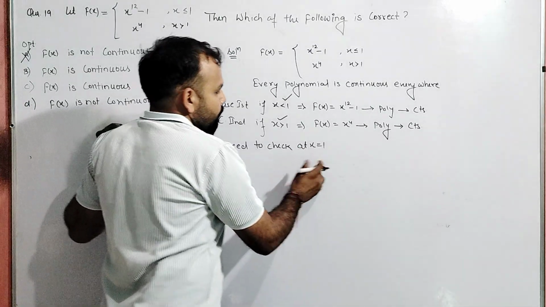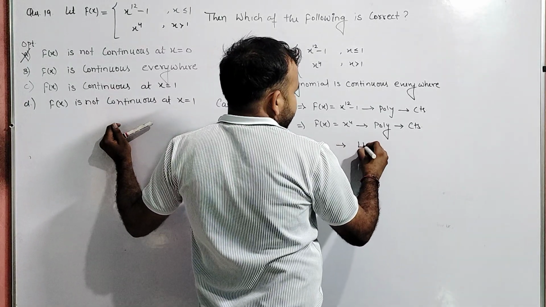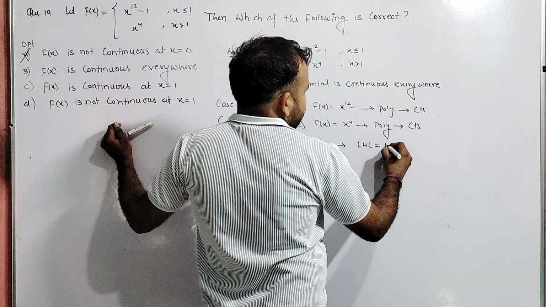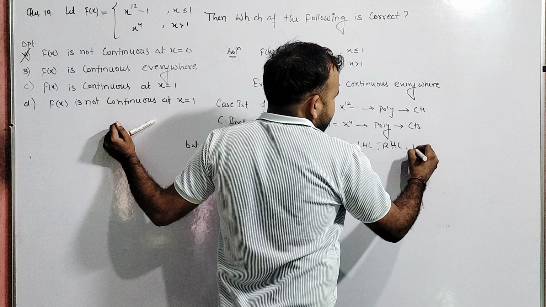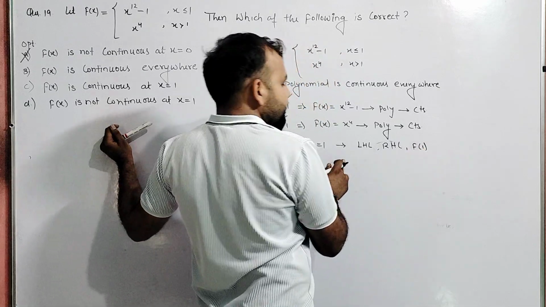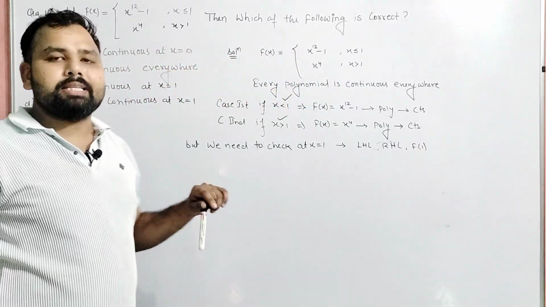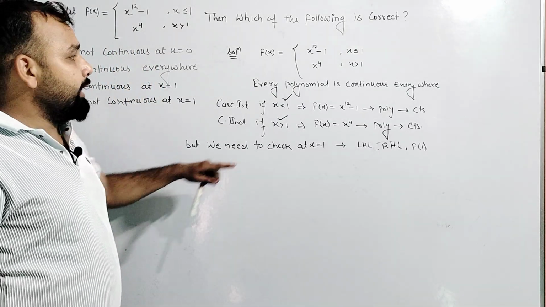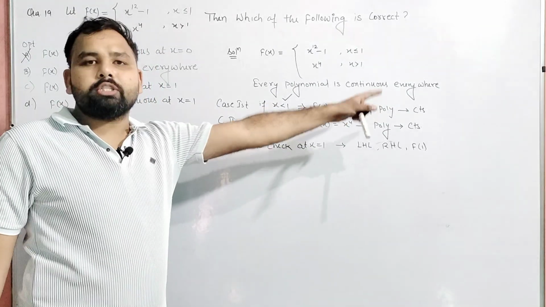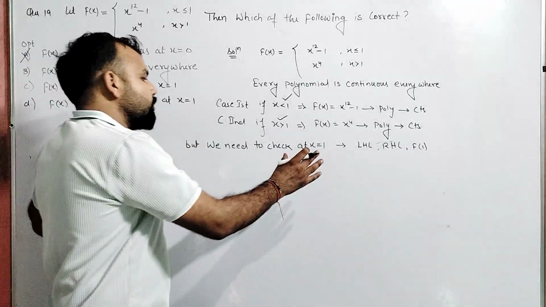So for x equal to 1, we need to check left hand limit, right hand limit and function at x equal to 1. If all these three are equal, then we can say that our function fx is continuous at x equal to 1, and remaining part is also continuous, so our function is continuous. So we need to check at x equal to 1.